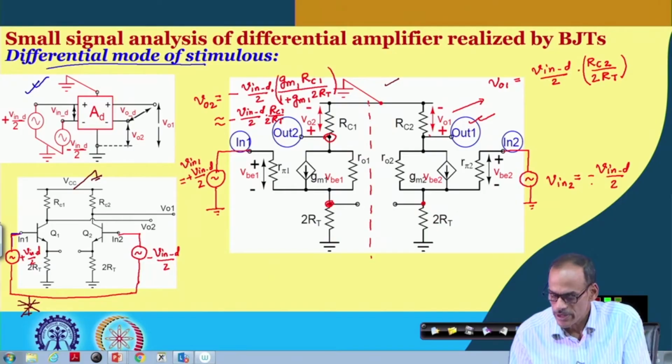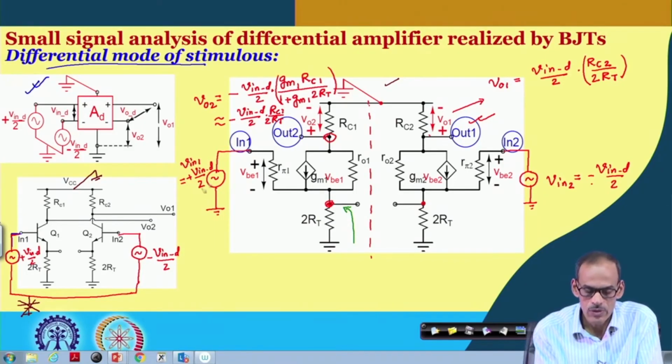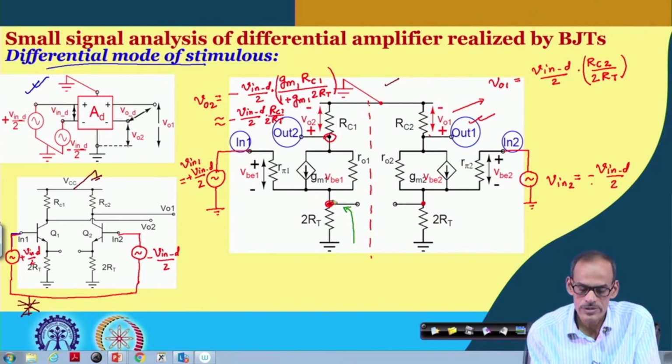And the signal coming at the emitter here is approximately equal to the signal we are applying at the base, because it is working as the emitter follower.